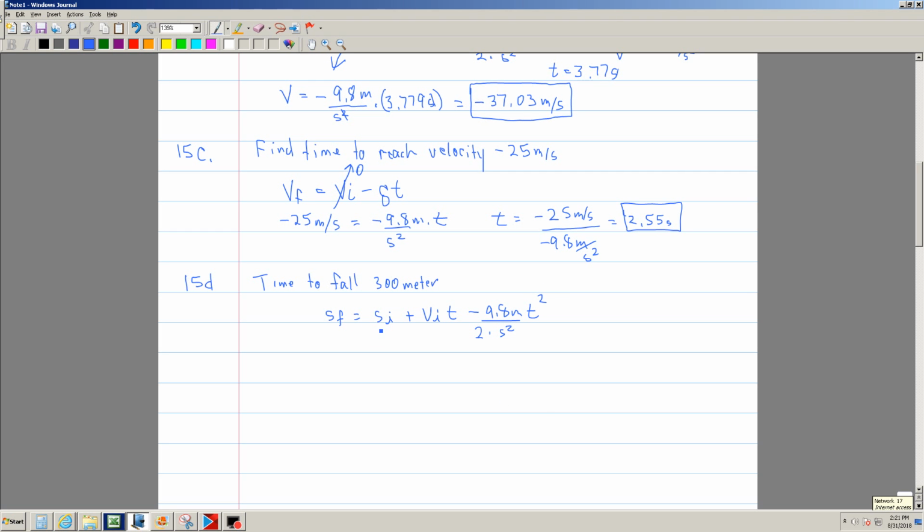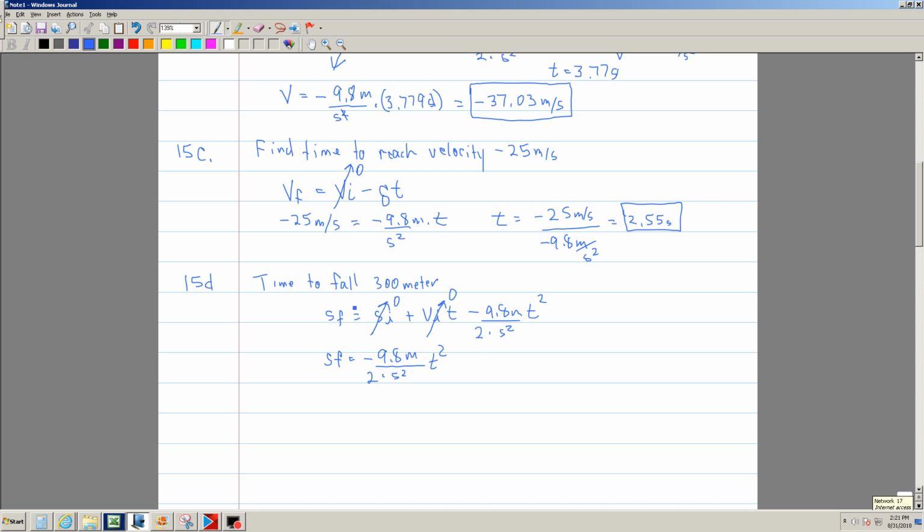The initial distance is set to 0. The initial velocity was 0 because it's at rest. So the distance is all determined by this equation, t squared.